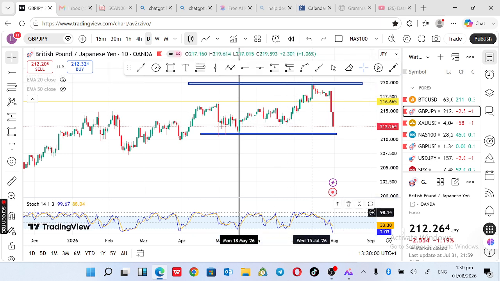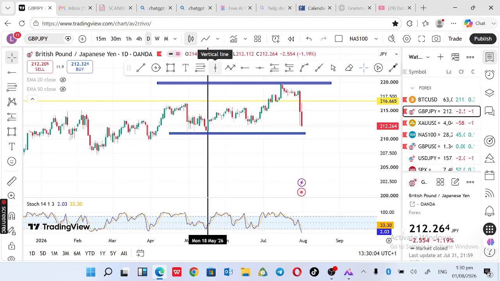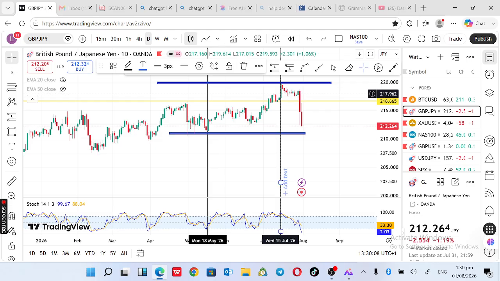So at this level, you find out that if you use your vertical line, you will get the overbought and oversold. Let's see. You see it? Now, trace it down, you will find out that the upper zone of the stochastic oscillator is actually overbought, while the other side where market was selling, where it started reversing, market was oversold.